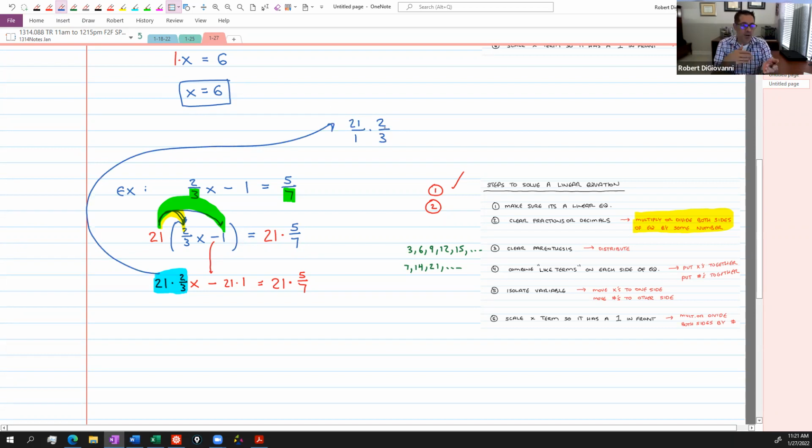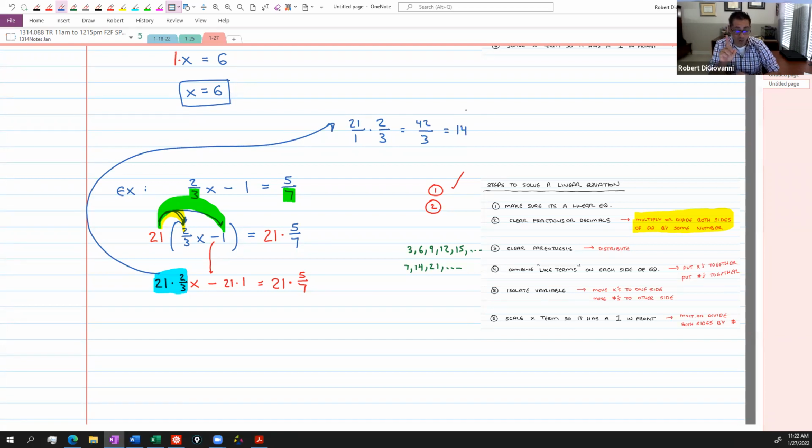We're just looking at the number 21 as the fraction 21/1. Then you multiply straight across, which gives you 42/3. 42 divided by 3 is 14, I think, right? You get an answer of 14.